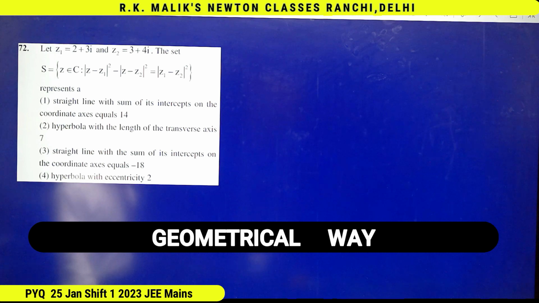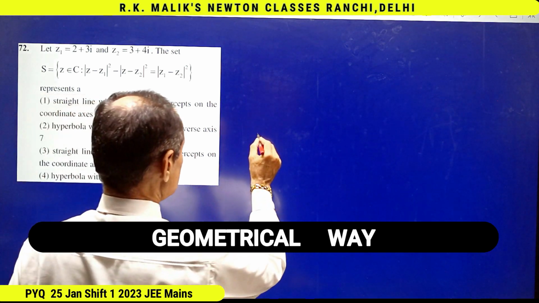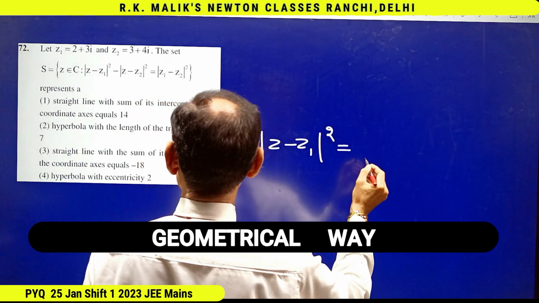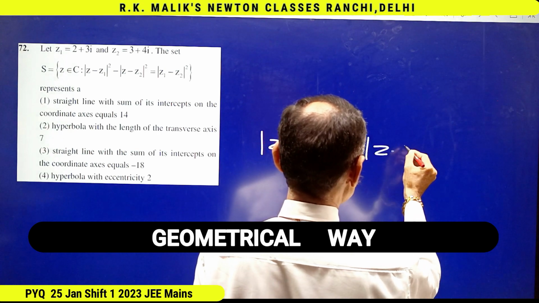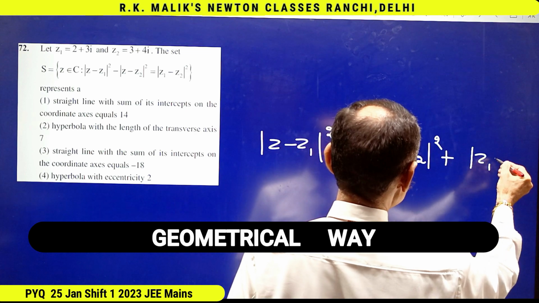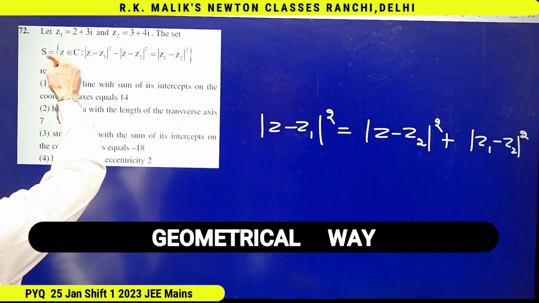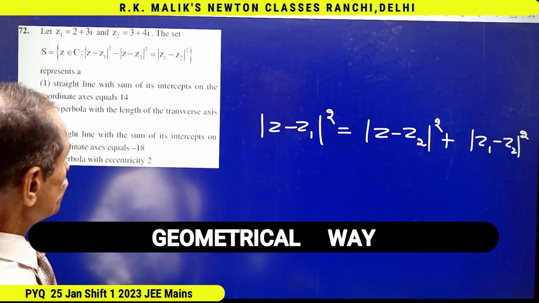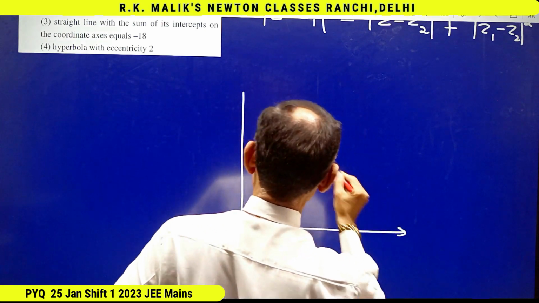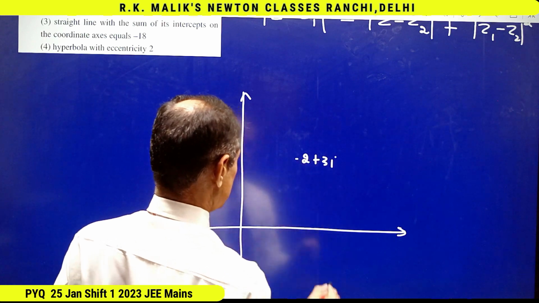Otherwise, if I want to do this question geometrically, clearly this can be written as mod of z minus z1 whole square equal to mod of z minus z2 whole square plus mod of z1 minus z2 whole square. According to the given condition, z1 is 2 plus 3i, that is 2 plus 3i is somewhere here.